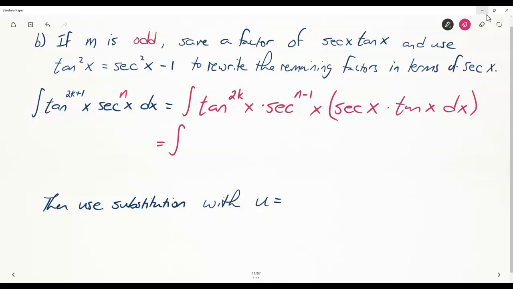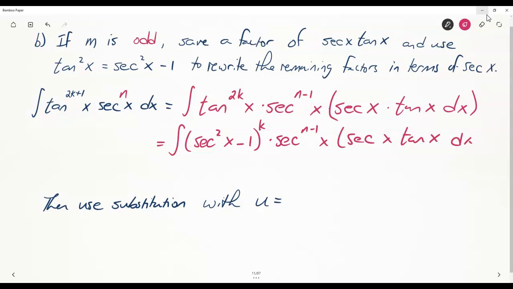So I would get secant squared of x minus 1 to the k times secant n minus 1 of x times secant of x tangent of x dx.